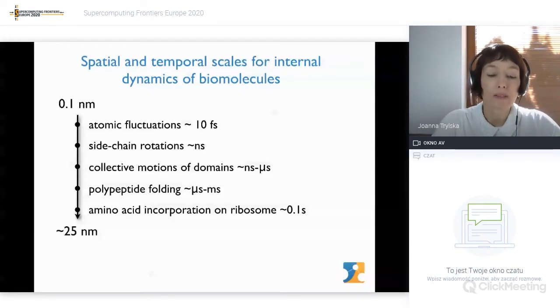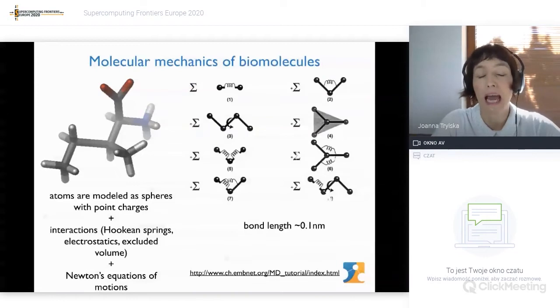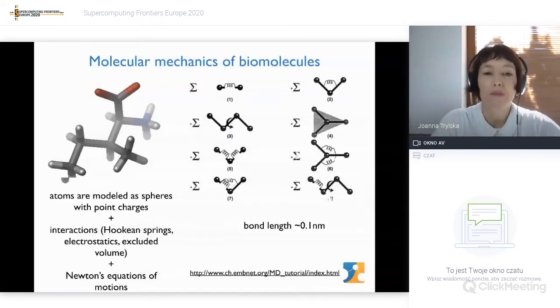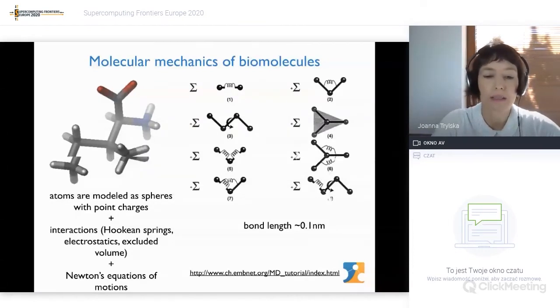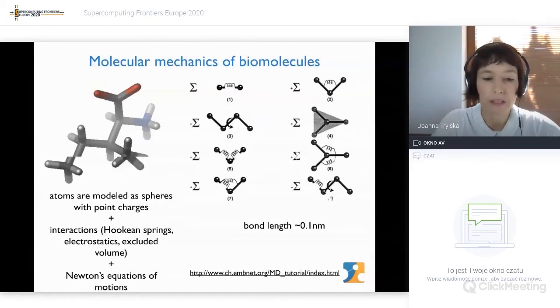Now, to know how molecular conformations evolve in time, we need to determine the potential energy of each conformation to be able to characterize it and evolve it. And we use a simple molecular mechanics model of biomolecules following the Born-Oppenheimer approximation.